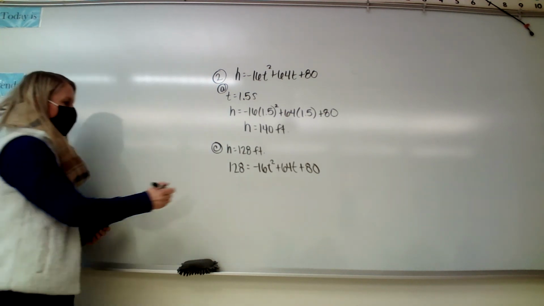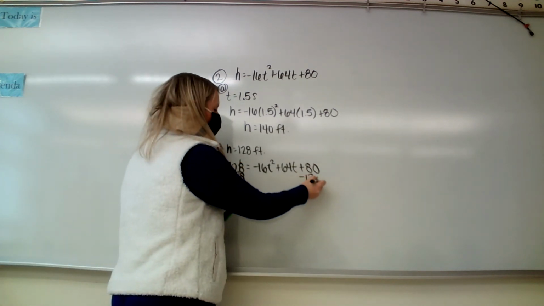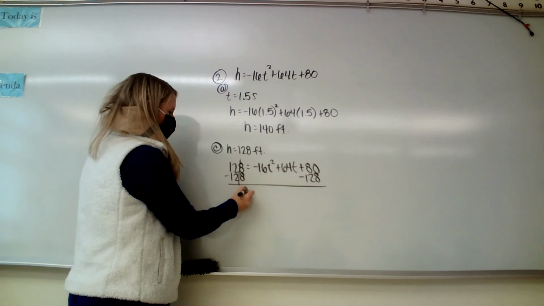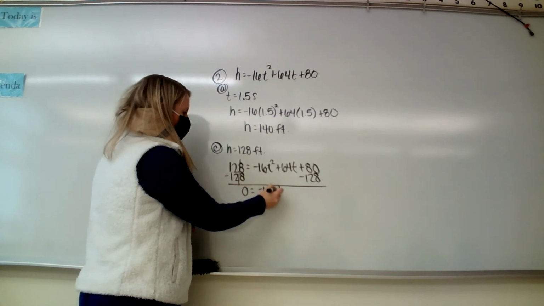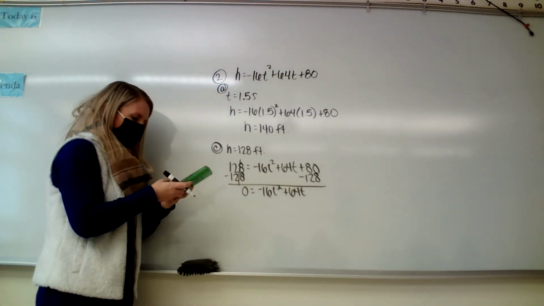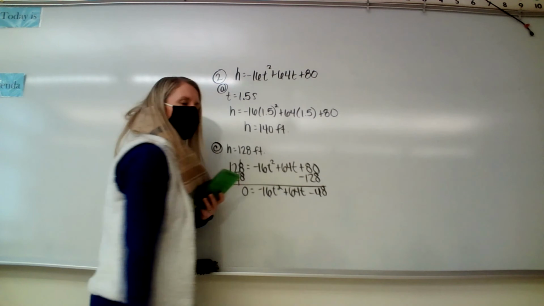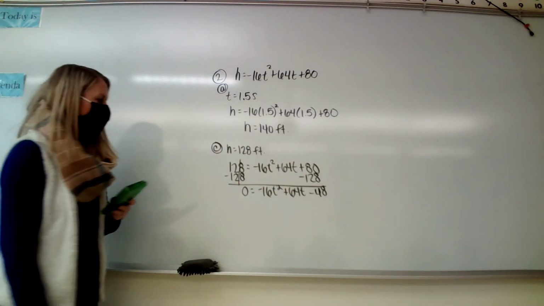So I'm just gonna set this equal to 0 and get a quadratic equation in standard form. Then I'm just gonna use the quadratic formula. I get lazy on word problems, especially when the numbers are bigger.